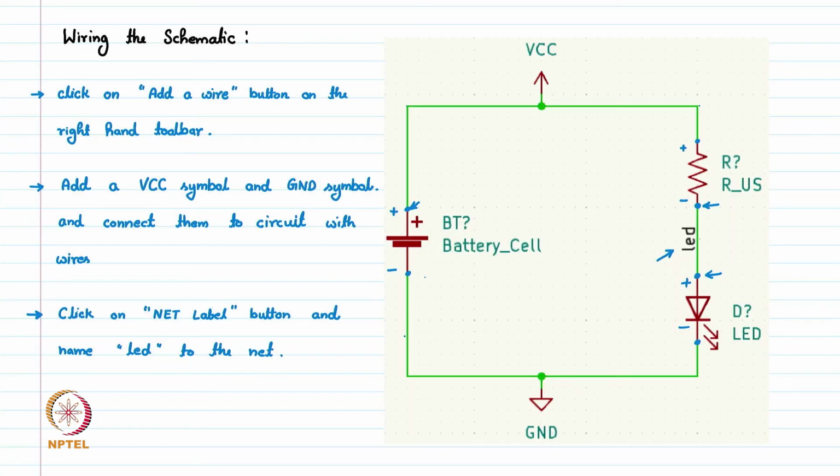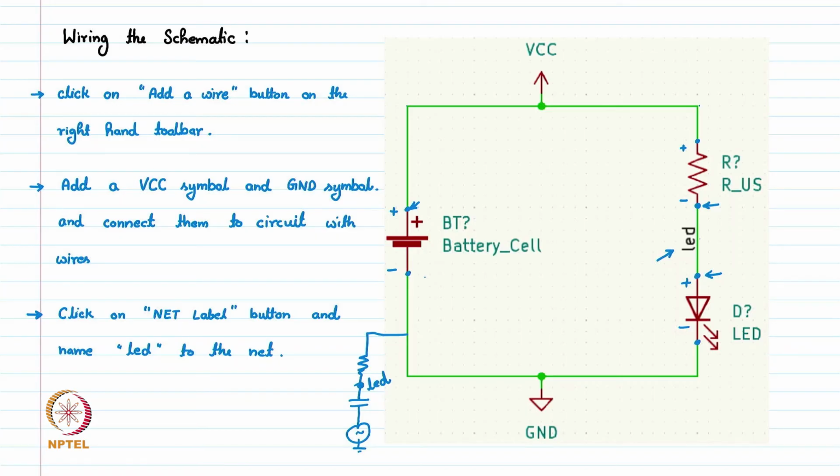For example, we are making one resistance here, one capacitance here and some voltage source here. So this node, for example, I mistakenly give it the name LED.